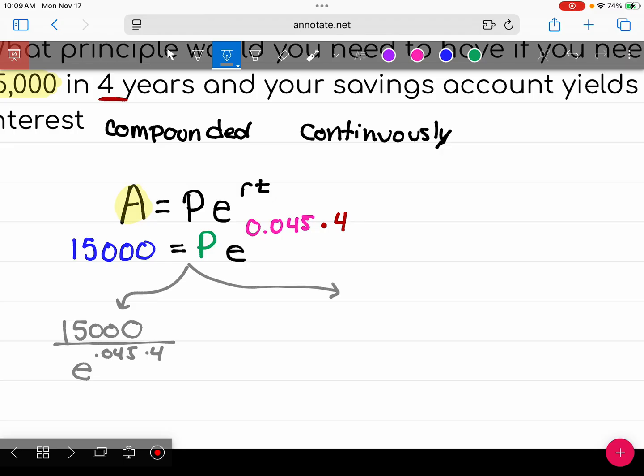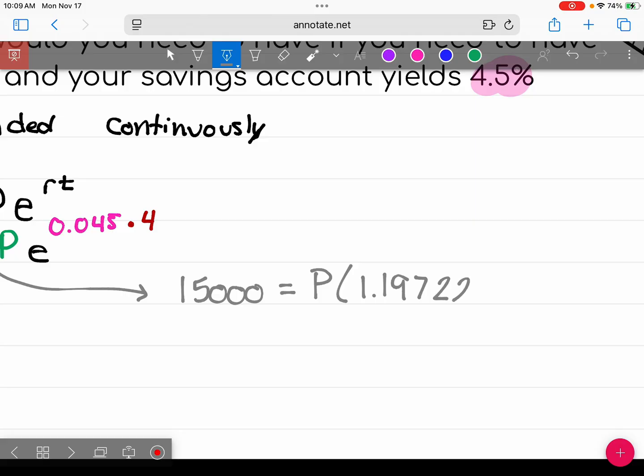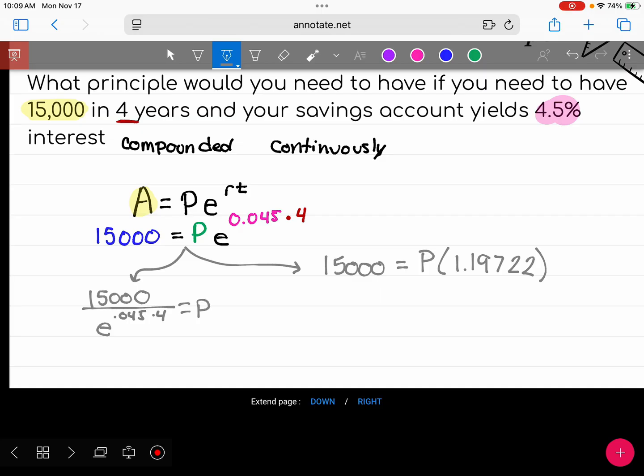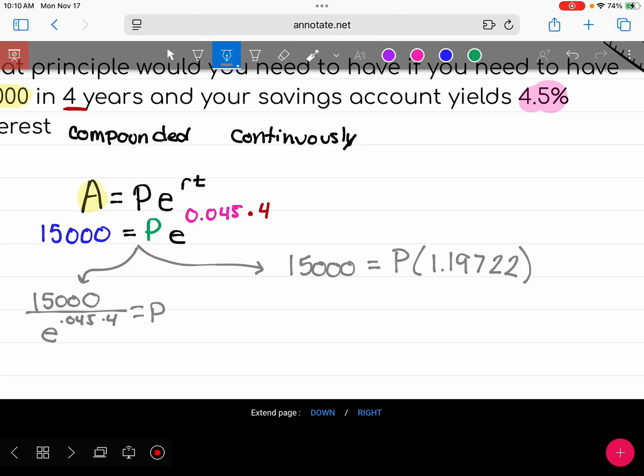Or I could do my 15,000 equals my principal times whatever we get when we take e to the power of those numbers, and we get 1.19722-ish, 217363, blah, blah, blah. And then I could divide by the number. So either way, I can find my P either by putting it in the calculator like this with the exponent, totally valid, or switching it to decimal and then dividing both sides by it, also valid.